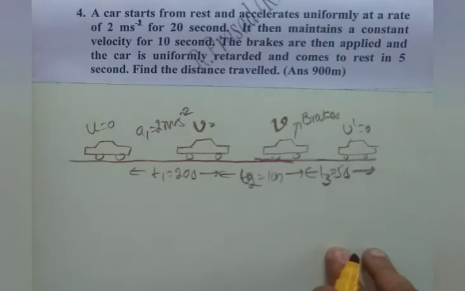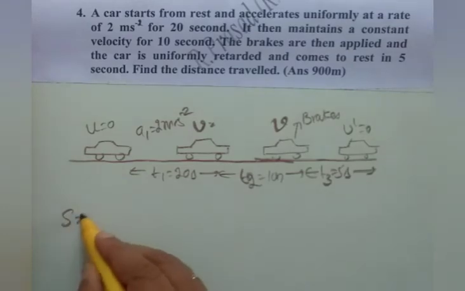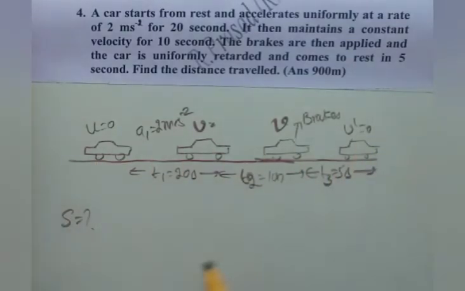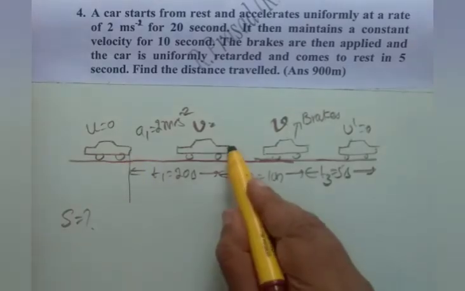Now, we start analyzing the problem. What are the things asked? We have written the data given in the first sentence. Second sentence: the brakes are then applied and the car is uniformly retarded and comes to rest in 5 seconds. That is also written. Find the distance traveled. You are asked to calculate the total distance traveled from start to end. We write the distances here.